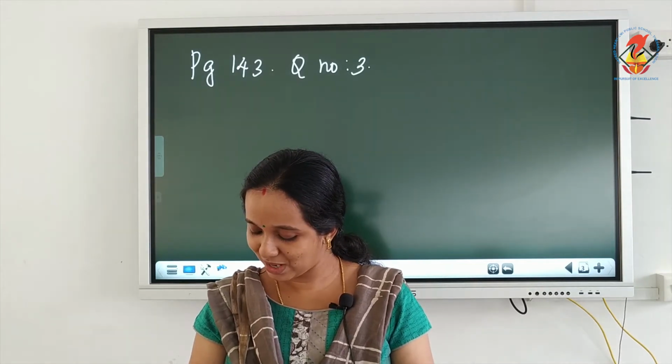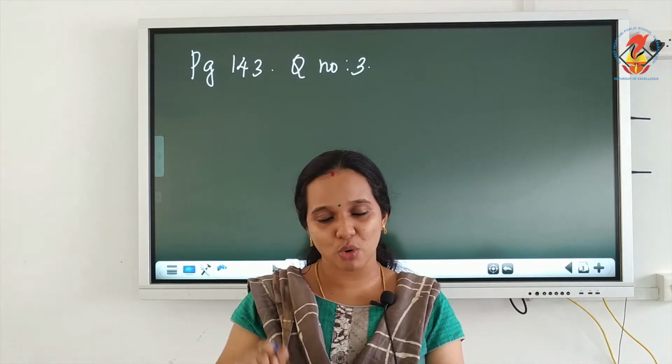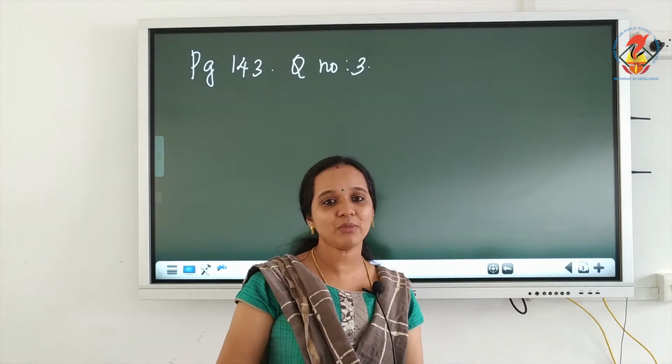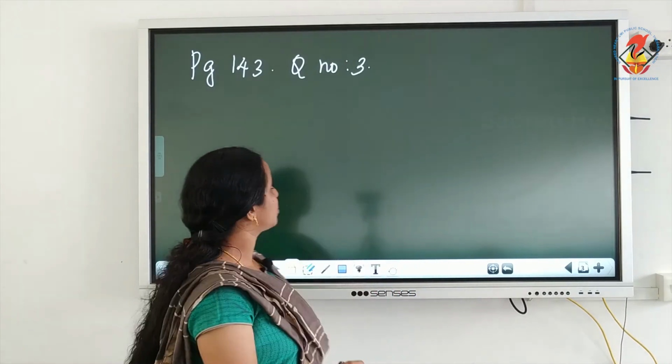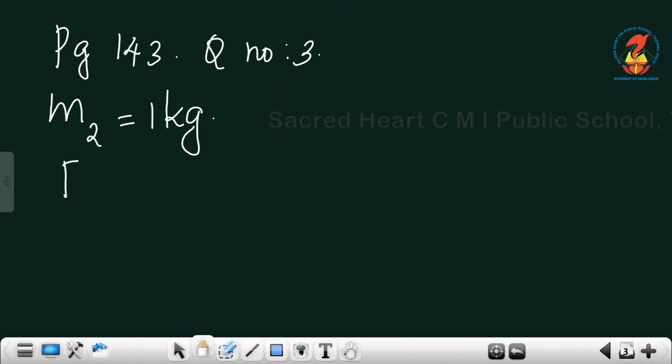Okay. So, you need to find the gravitational force between earth and a 1 kilogram object. The mass of the second object is given as 1 kilogram.